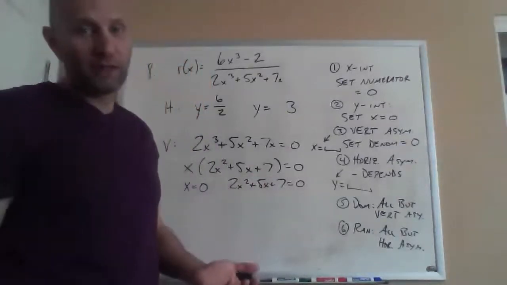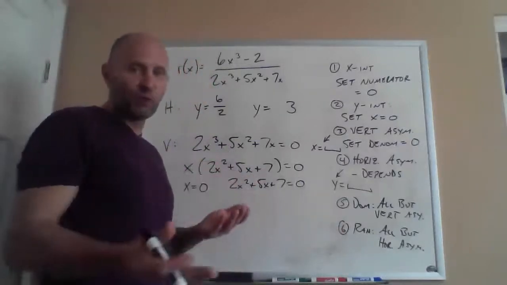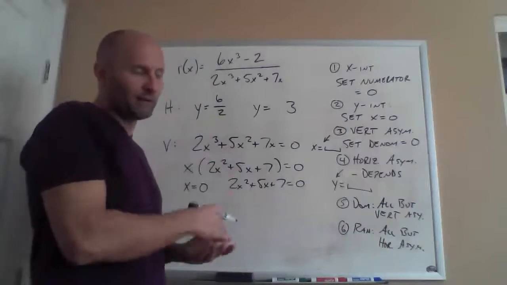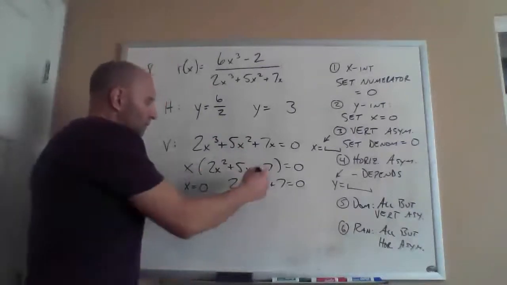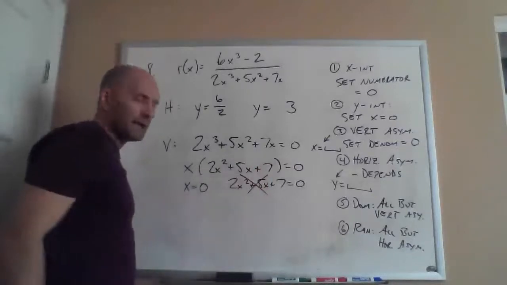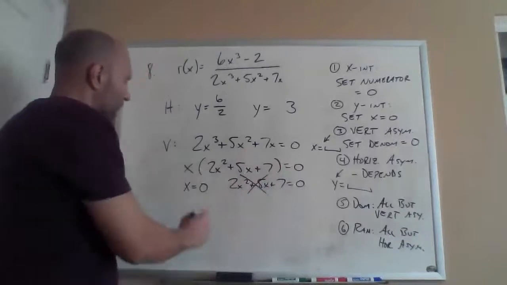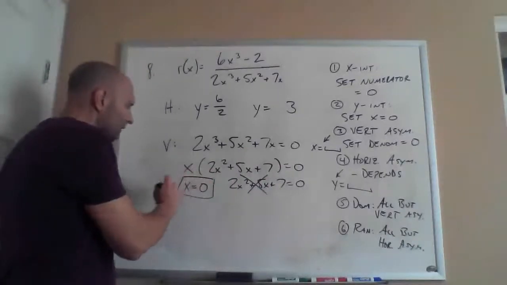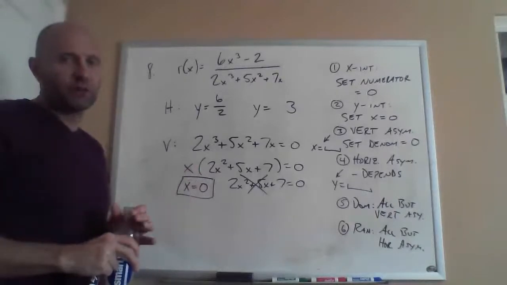Now, one of the things by jumping to 3.7 is that we skipped over the complex numbers. We're going to go back to them in section 3.4, maybe 3.3 or 3.4. But this one does not give me any answer. I can't plug any real value of x in here and get an answer. So in this case, your vertical asymptote is just x is equal to 0.